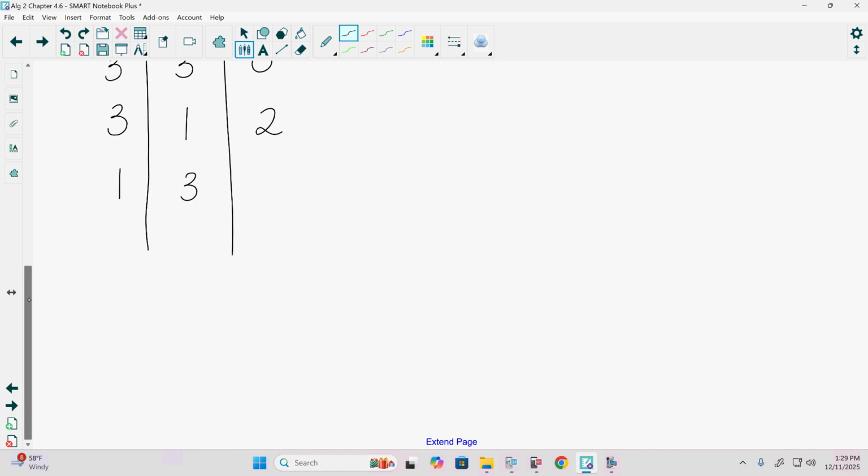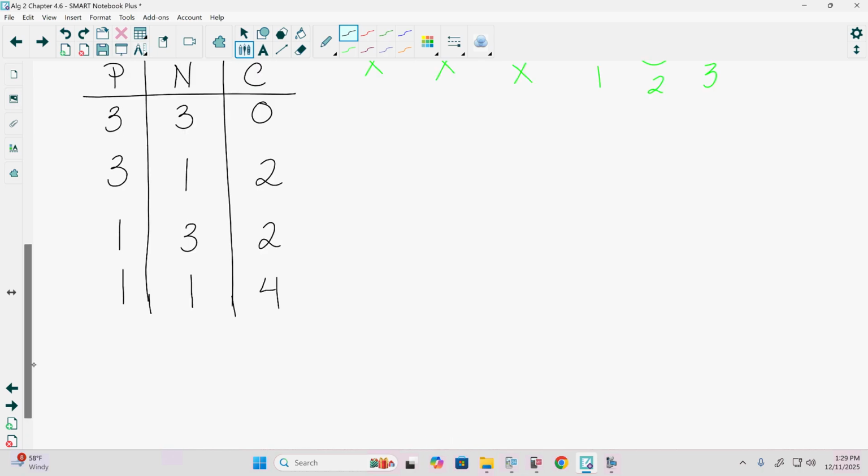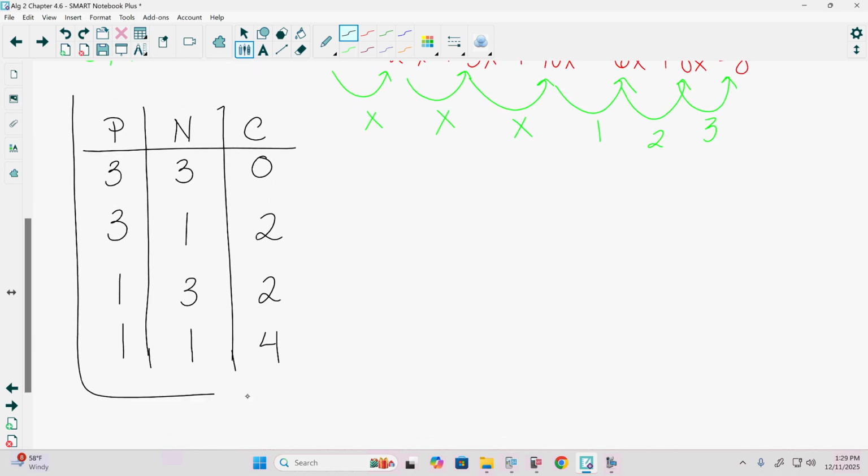Now we could have 1 positive, 3 negatives, still missing 2, because that's a total of 4. So take another group away from the negatives, telling us that we can have 1 positive, 1 negative, and that is the solution set for this.